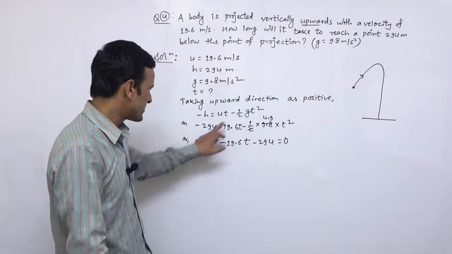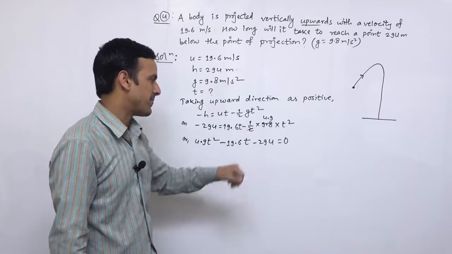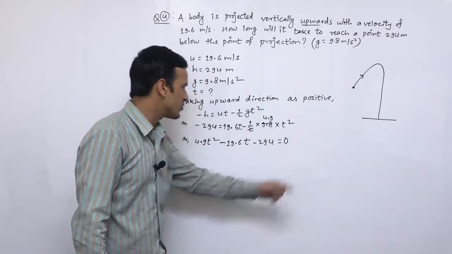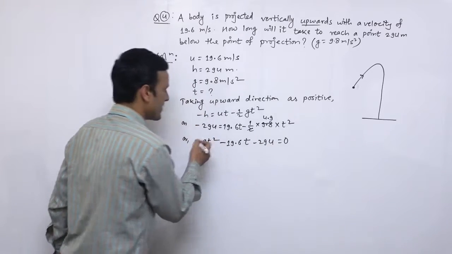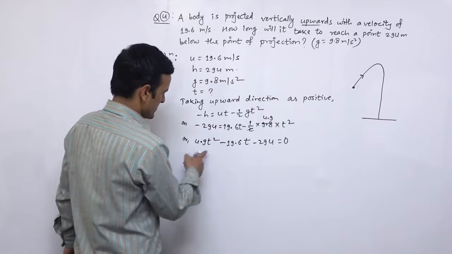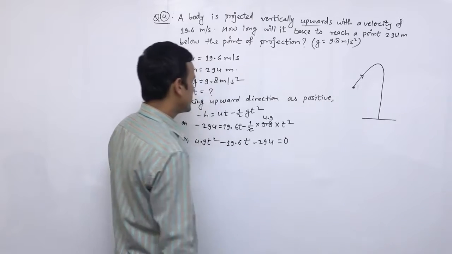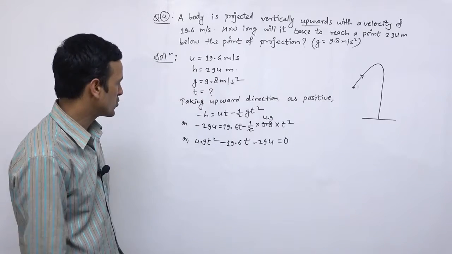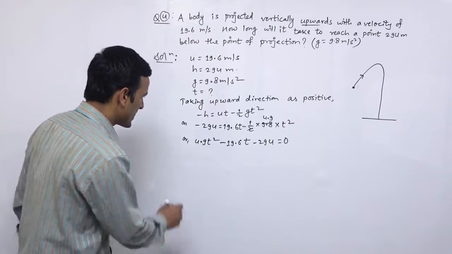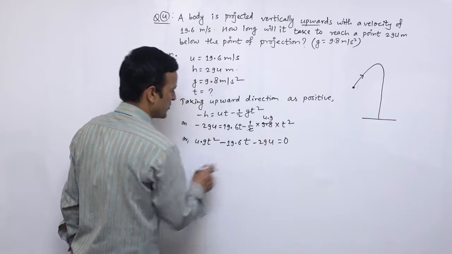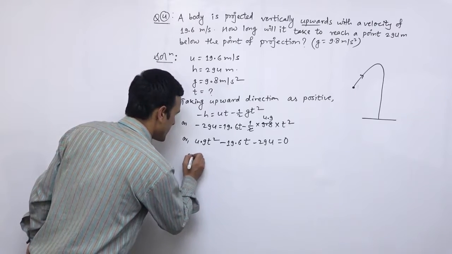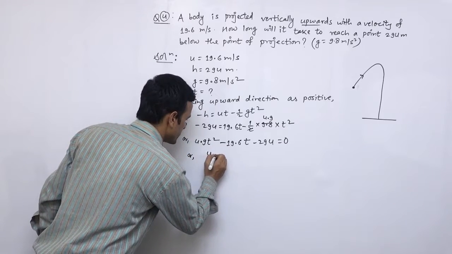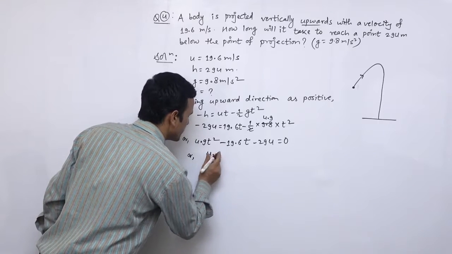So this will be plus, this will be minus, and this will be the same, on this same side, equal to 0. So if you solve it, then we get some values over here. So 19.60 minus 294 is equal to 0. Now let's solve 4.9 into 294. Now we can remove the decimal from here.